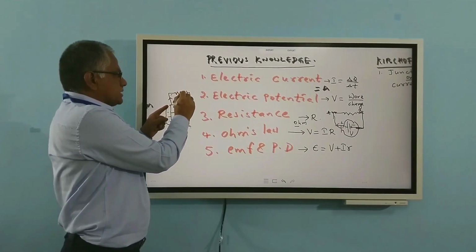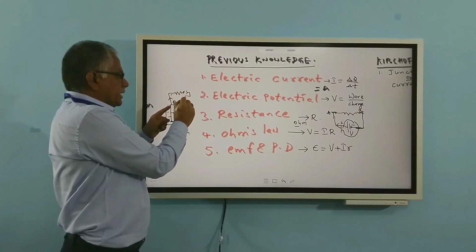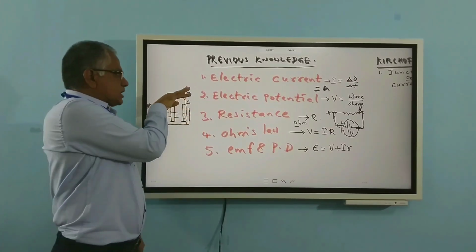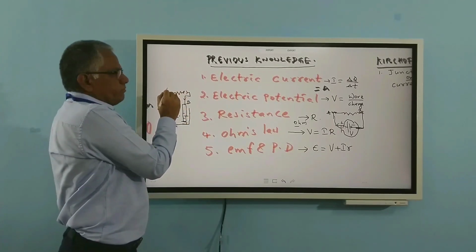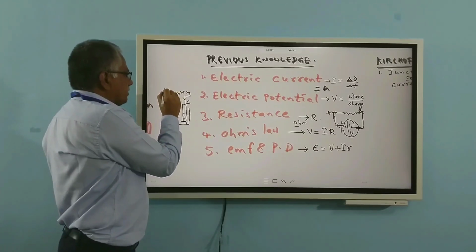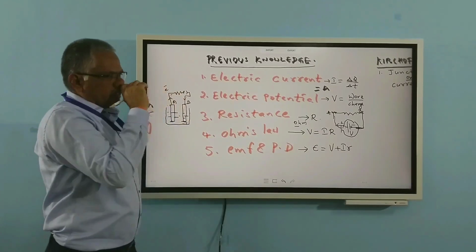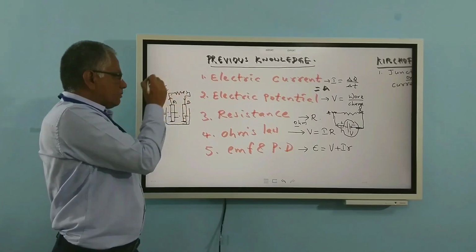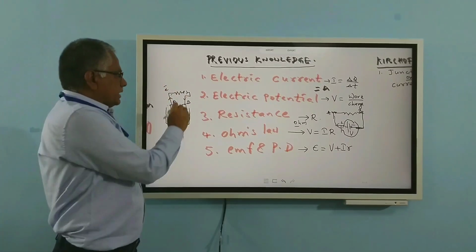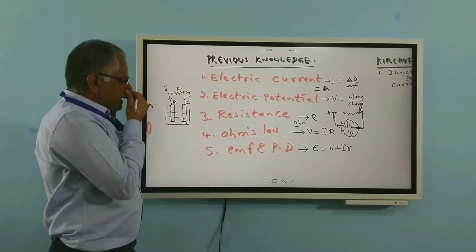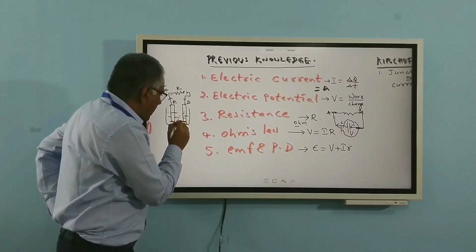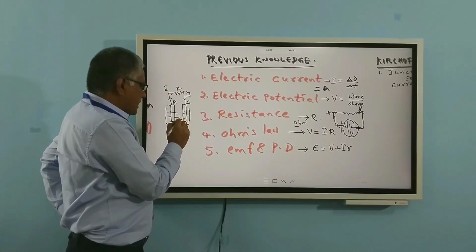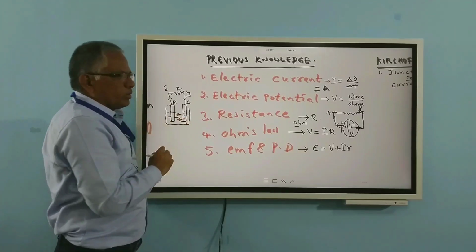Therefore, where the circuit is closed, the electric current passes through this. This is external current. We have studied that it is because of the conduction electrons present in the conductor, which move opposite to the current direction. This is resistance R. Now, inside this there is movement of ions in the electrolyte.